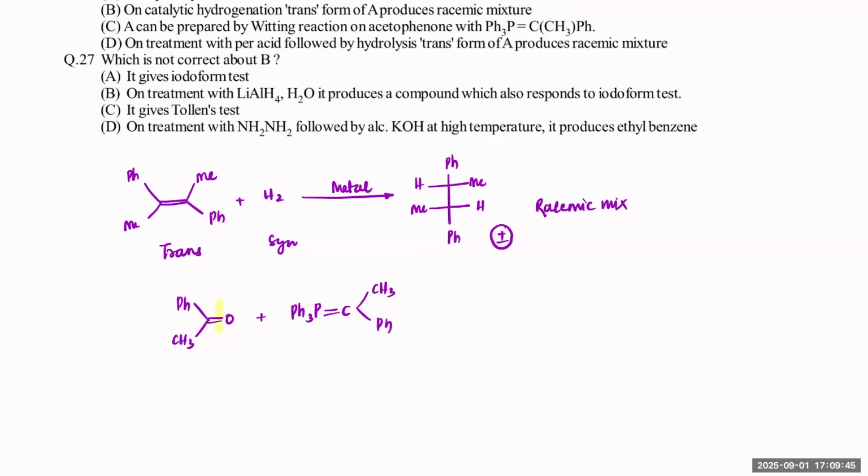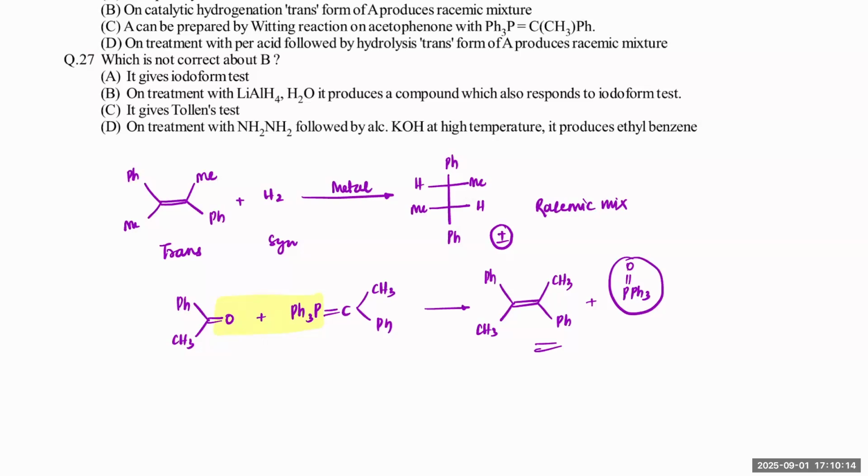I told you, just remember it like a shortcut. You just need to remove this part of it and join the rest. So on joining, what do I get? I'll get double bond C here with CH3Ph, and here we'll have Ph CH3. So that plus Ph3P double bond O. This is the final product. So yes, this product is also formed. Okay.